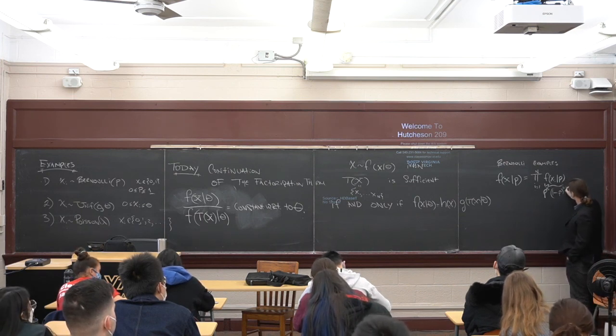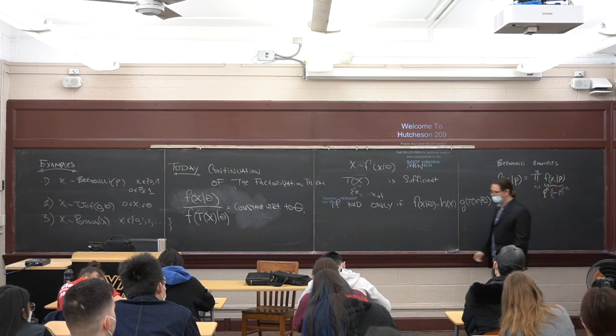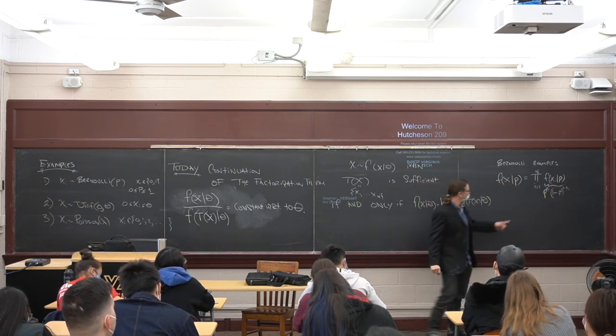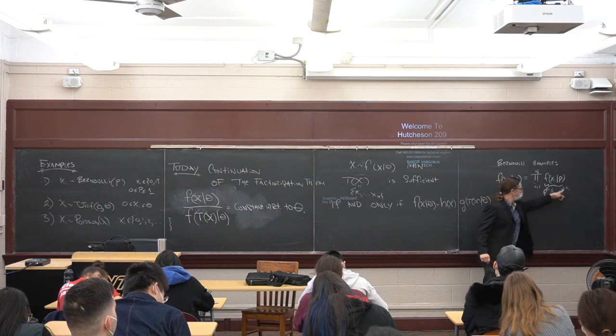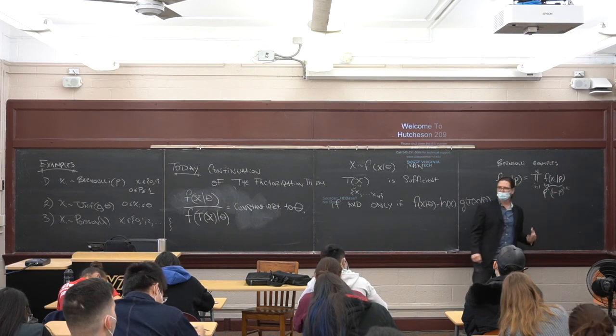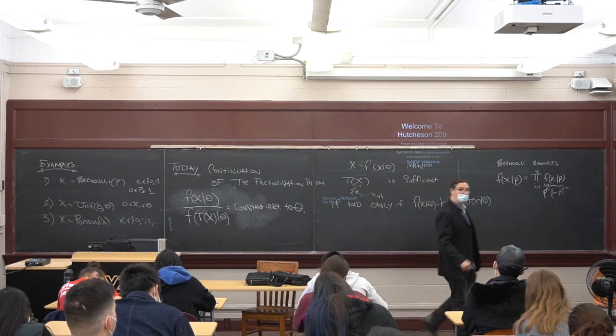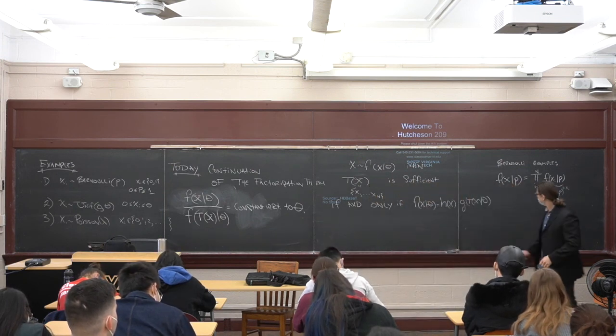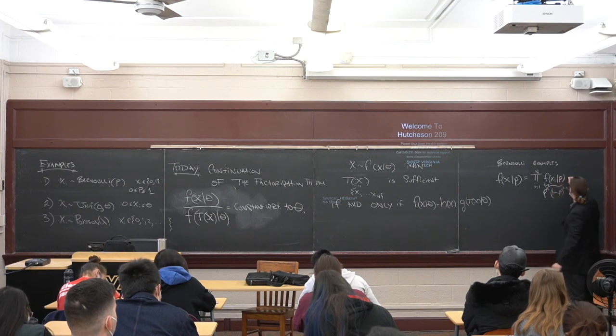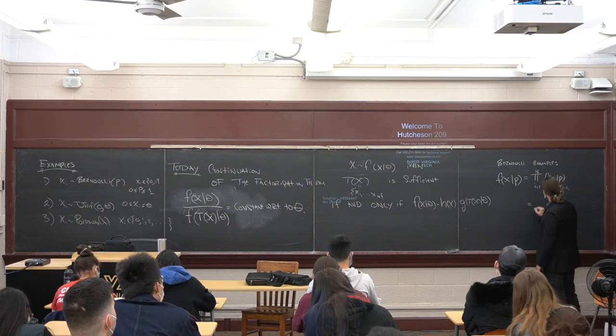So if xi is 1, this is p, that's 0, so that's 1. So if xi is 1, that function is p. If xi is 0, that function is 1 minus p. And so it's just reporting back these probabilities. So this just looks like this.